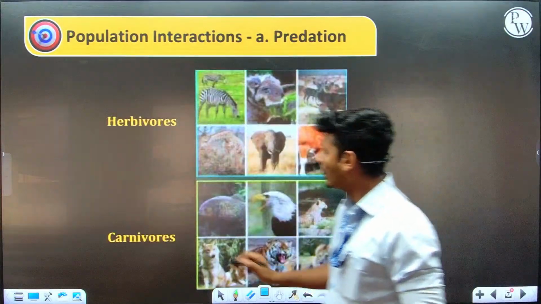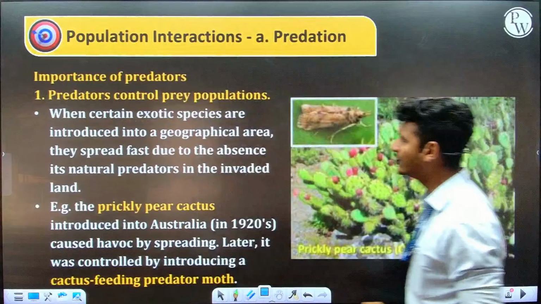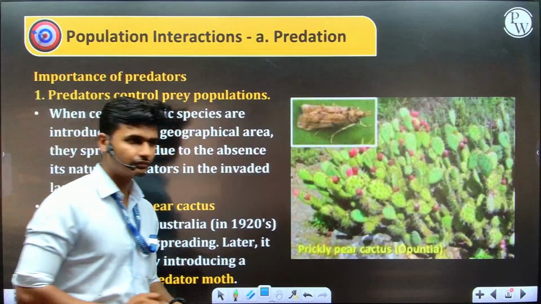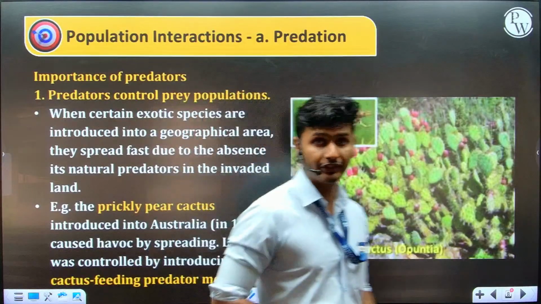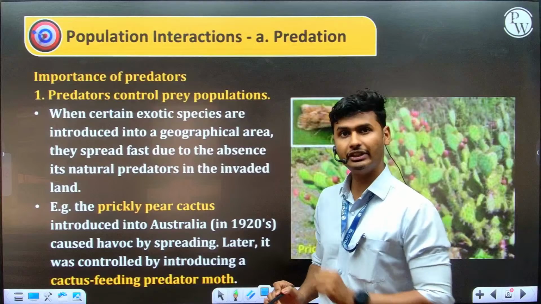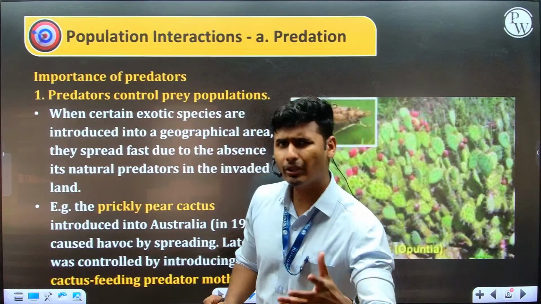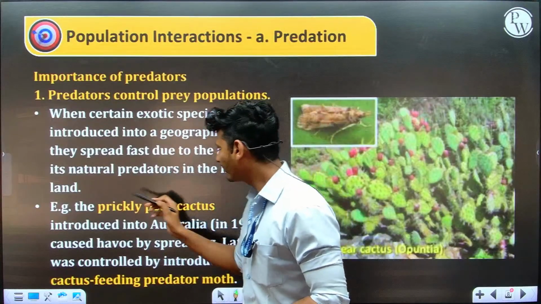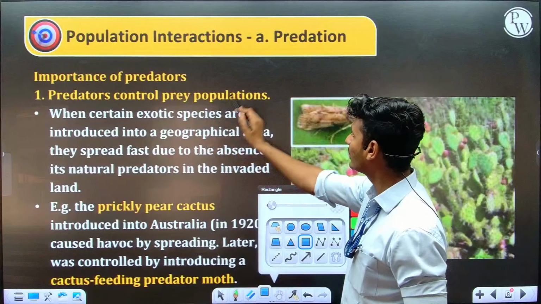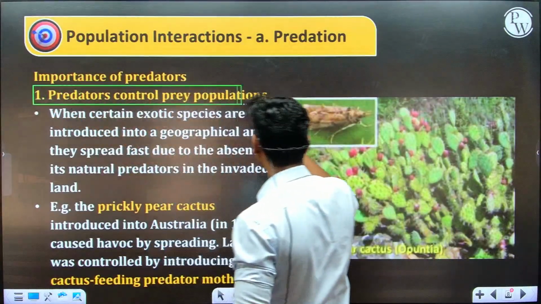Now herbivores and carnivores, they are giving a single slide, no need to worry about that. Now this is the important slide from the NEET point of view. From that slide, maybe in the NEET examination they are going to ask you a question. Which kind of question? The example of a predator that controls prey.